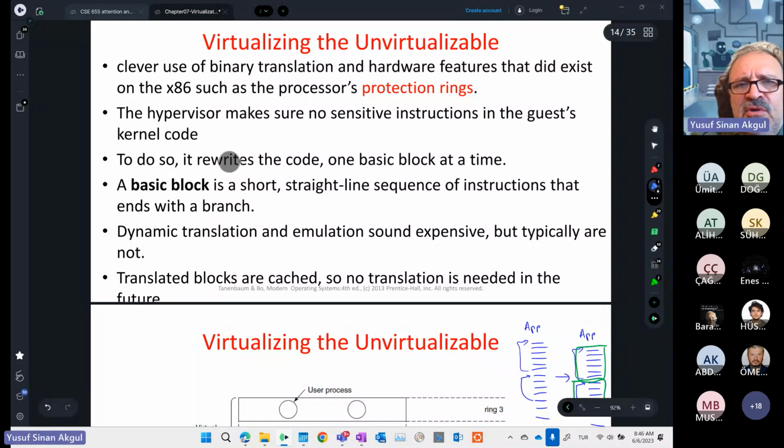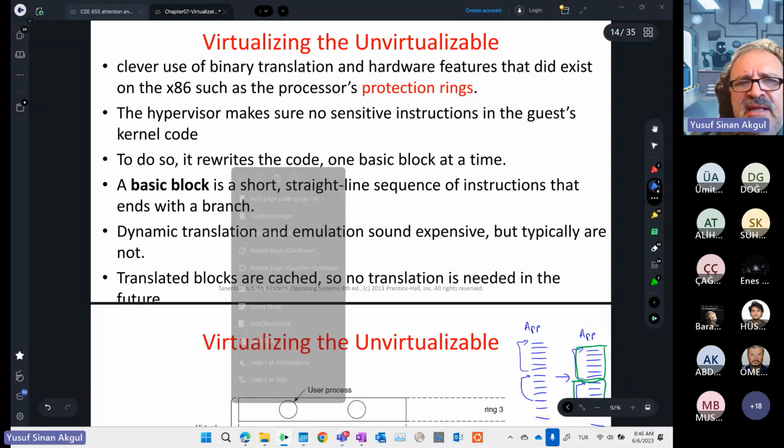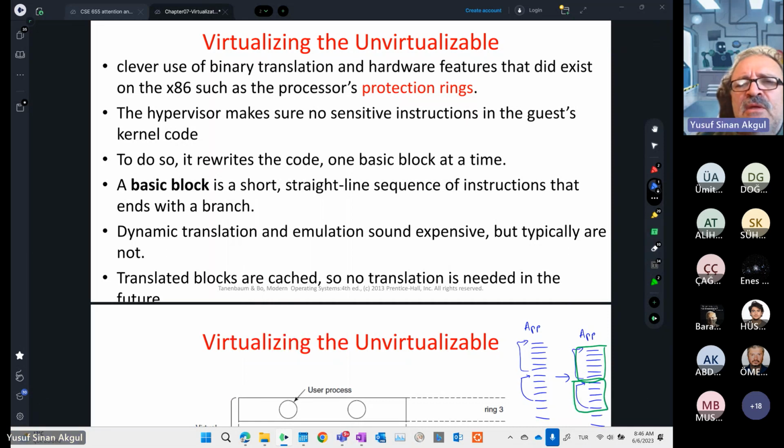It rewrites the code one basic block at a time. By rewriting, what I mean is it makes sure that the guest kernel code doesn't have any sensitive instructions. So it either emulates those sensitive instructions or it replaces them with hypercalls.